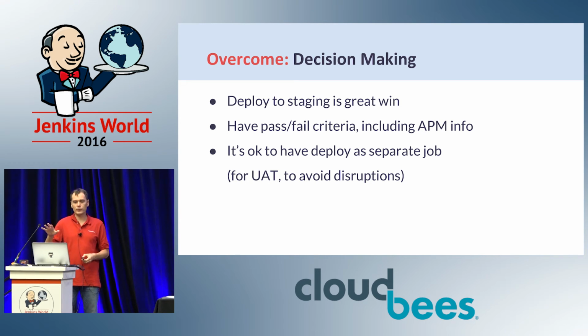It's okay to have production deployment or even staging deployment as a separate job, because on staging, on pre-production, you have user acceptance testing going. You don't want to disrupt that process and, in the middle of QAs manually testing a new feature, deploy a new version. Well, the ideal world says let's do it continuously in an automated fashion.